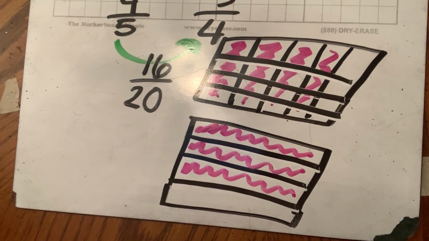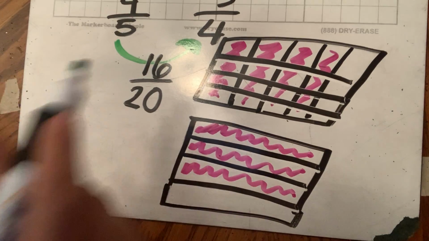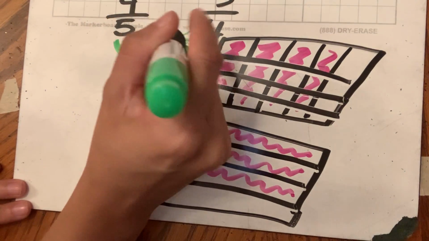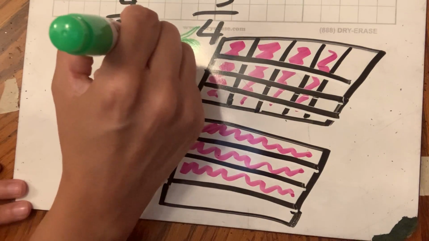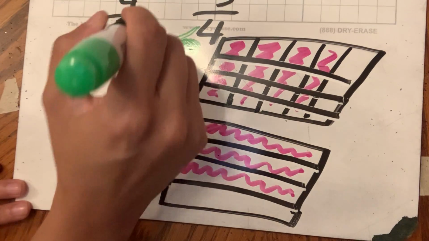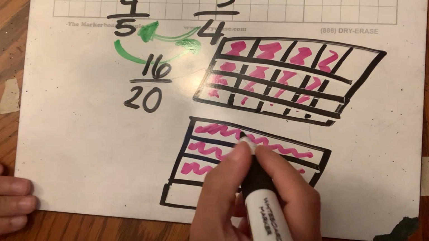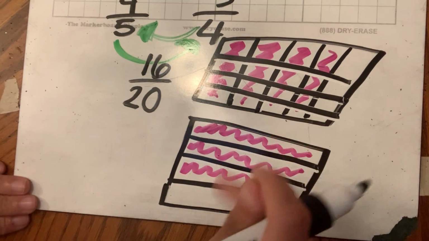Now, how am I going to decompose this area model? Oh, I'm going to look at the denominator from the other fraction, right? Which is this one. So it looks like I have to do what? Fifths, right? I'm going to go now vertical, the opposite.